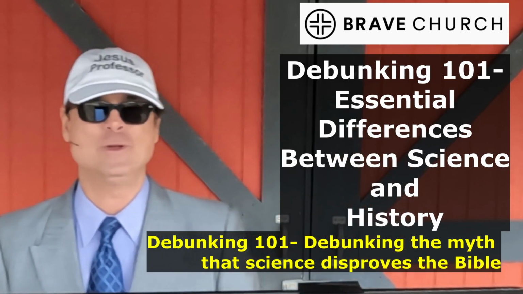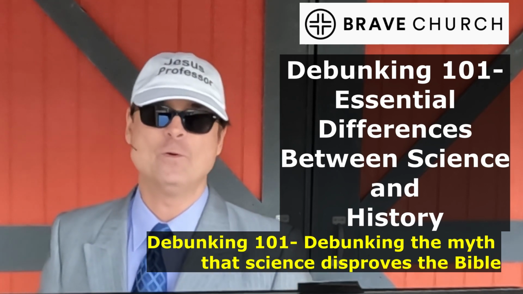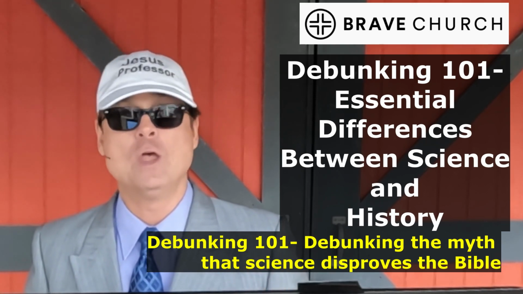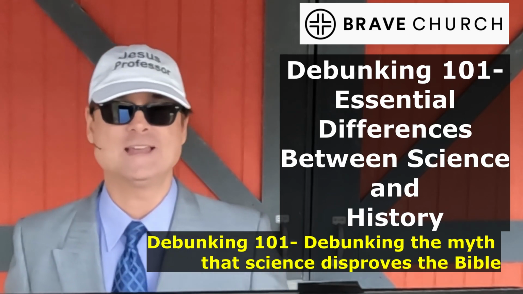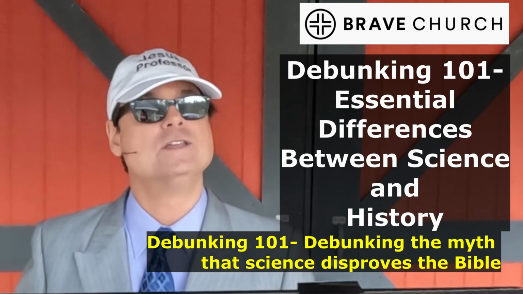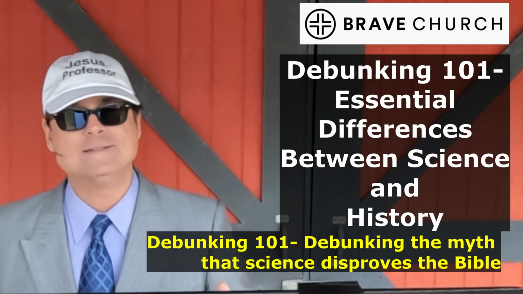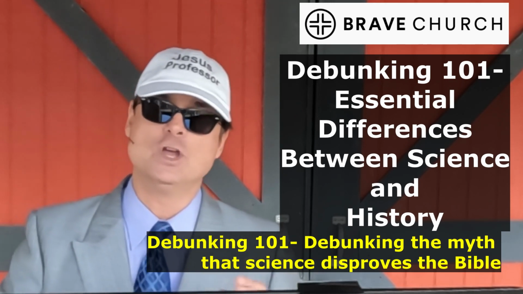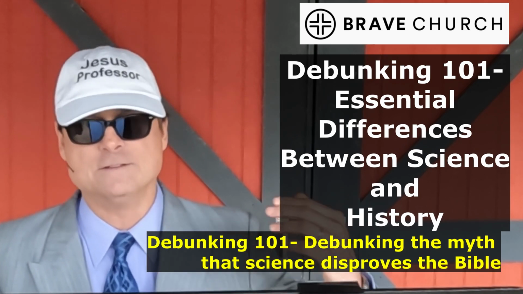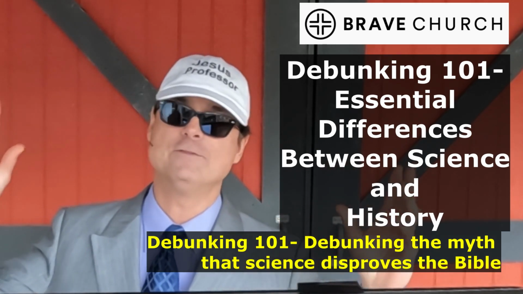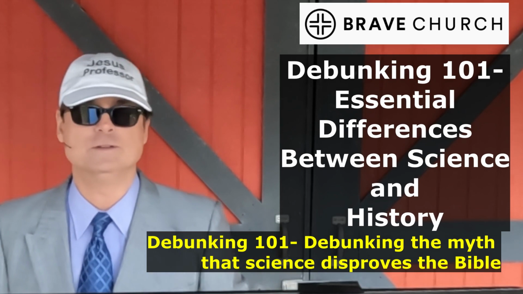I'm Dr. Courtney, and in this episode of Debunking 101, we're discussing the epistemological distinctions between science and history. Science was born from man's desire to acquire knowledge with greater certainty and objectivity than is available from authoritative sources and expert opinions.